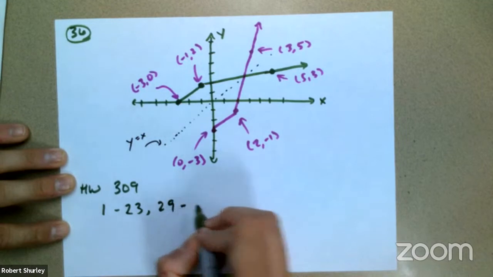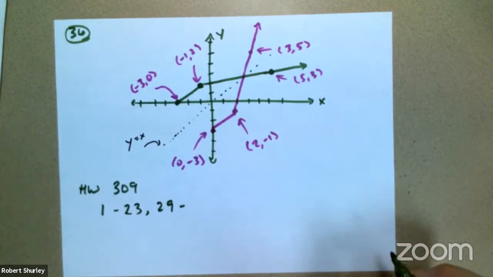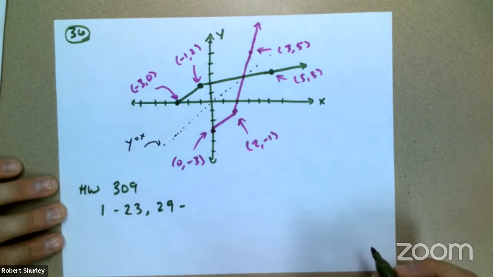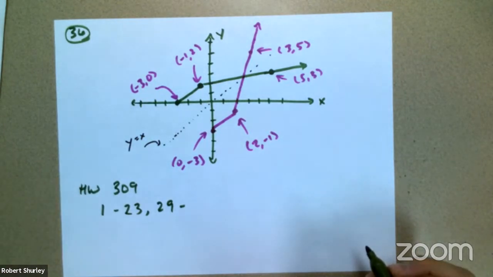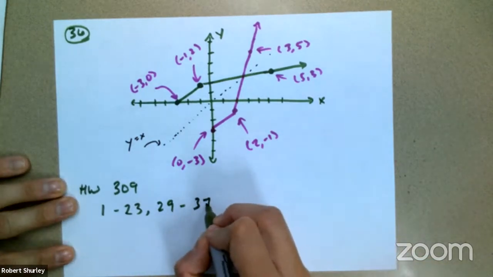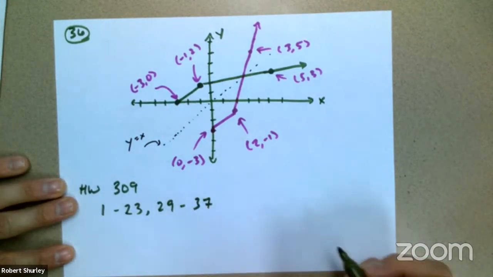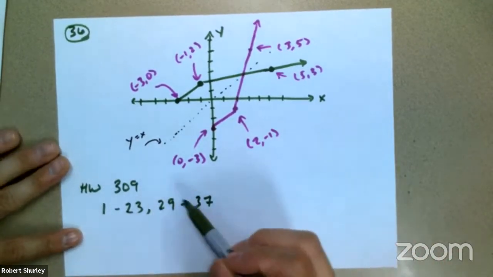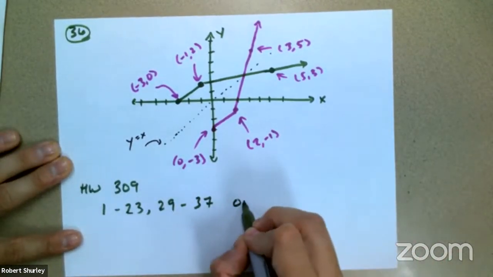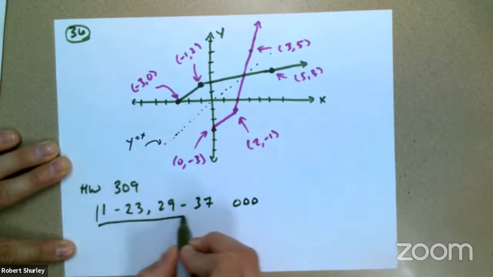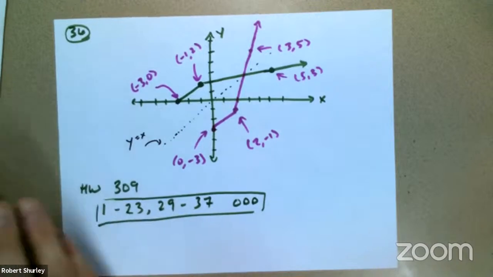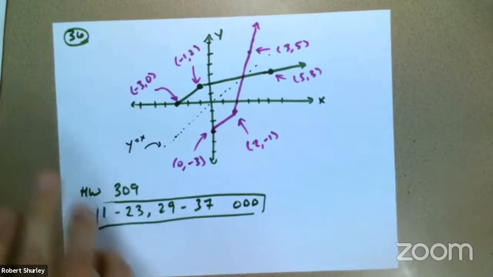And then 29 through 37. And that's it. We're going to keep it light. I'm just focusing on what's going to be on the test. If we had another day to lecture, I would probably do a little more, but this is what's going to be on the test.